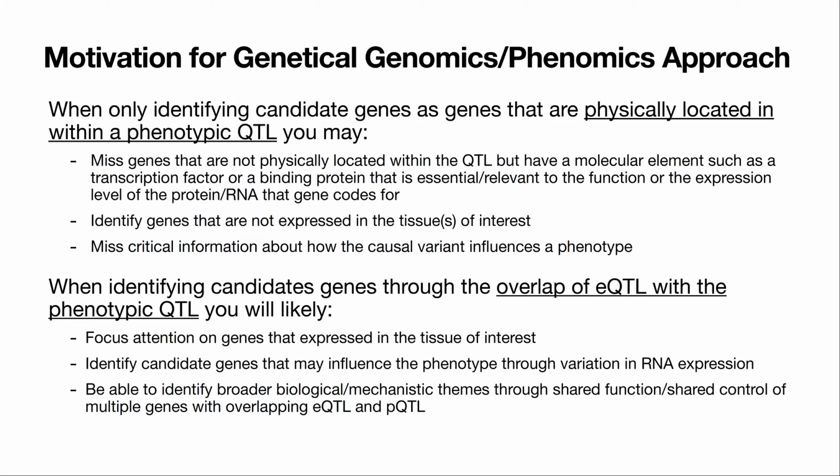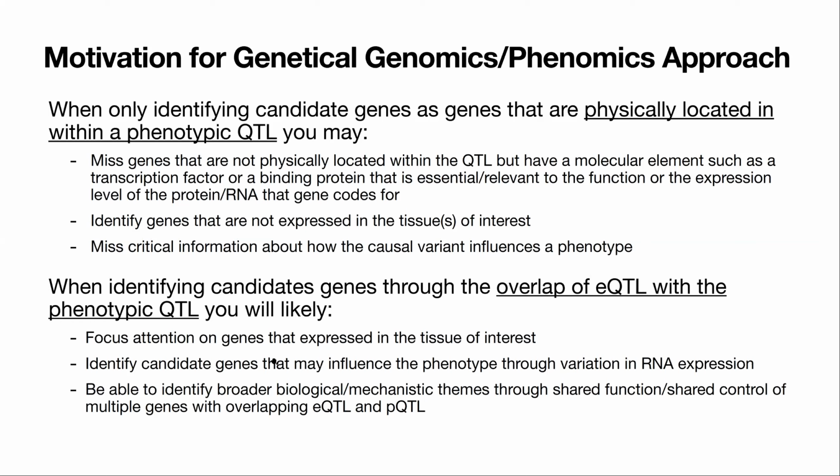So we're going to miss those genes with trans eQTLs in the similar region. We also run the risk of identifying genes that aren't expressed in our tissue of interest. So for instance, if we're looking at a dependence-related trait for alcohol or drugs of abuse, the gene may not be expressed in brain or a tissue that would be relevant to that disease, right? And the third thing is we could miss critical information about how that causal variant influences the phenotype.